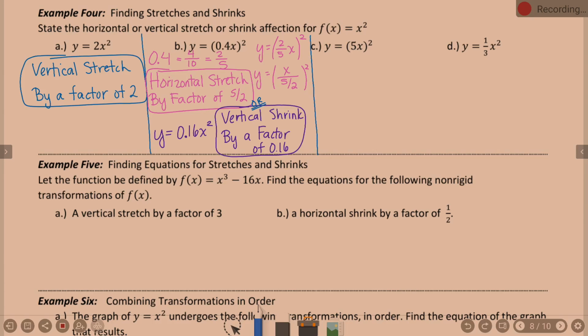I mean, technically on A, we could change that to horizontal. It's just harder to do because it's already multiplied out. Okay? So which one would we put on the answer? Whatever tickles your fancy. Technically, both are correct. I don't remember how it presents itself in homework. So whatever tickles your fancy.